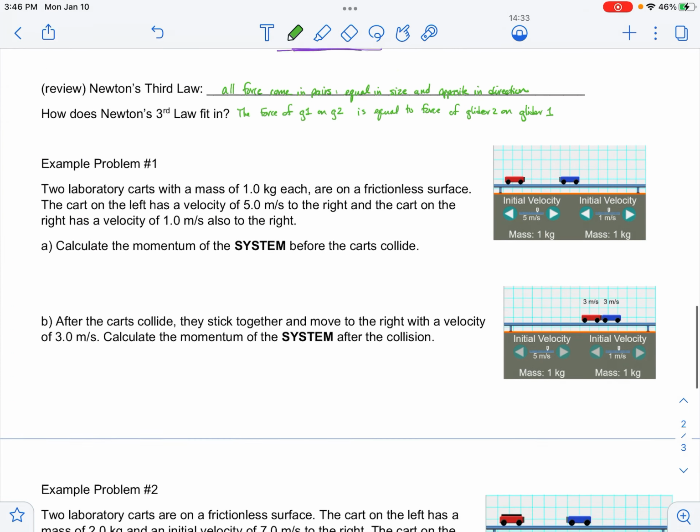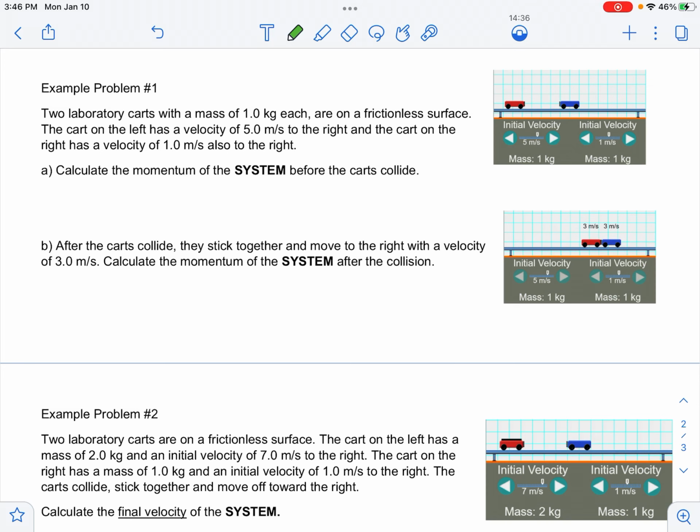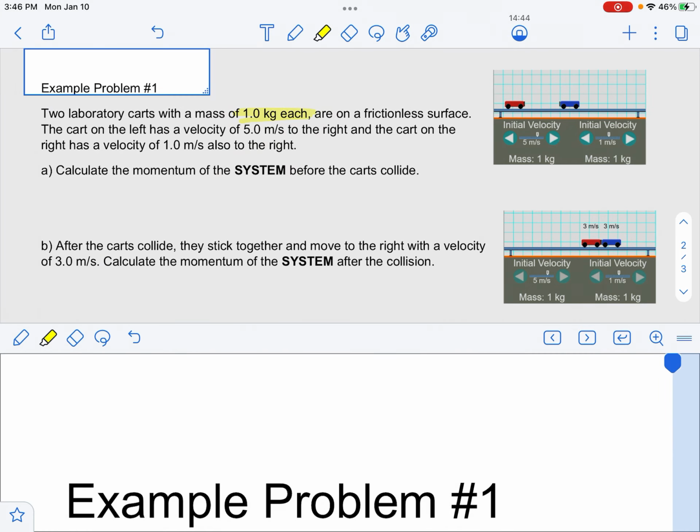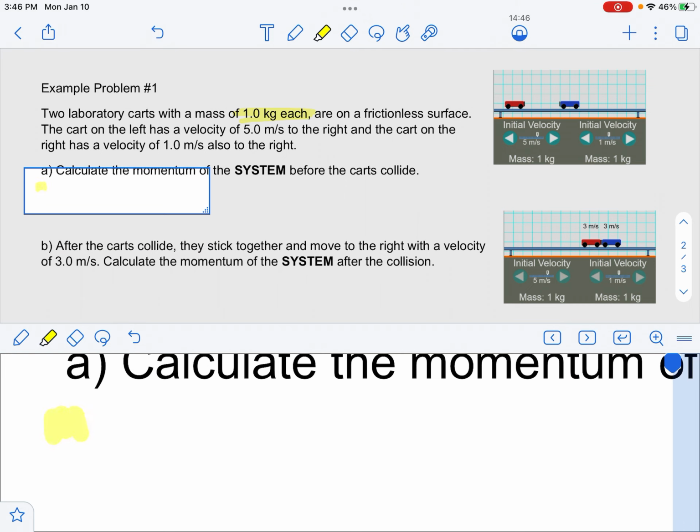All right, couple more example problems here so that we can do our lab in class next time. So we have 2 laboratory carts, 1 kilogram each. The mass of cart 1 is 1 kilogram. The mass of cart 2 is also 1 kilogram.